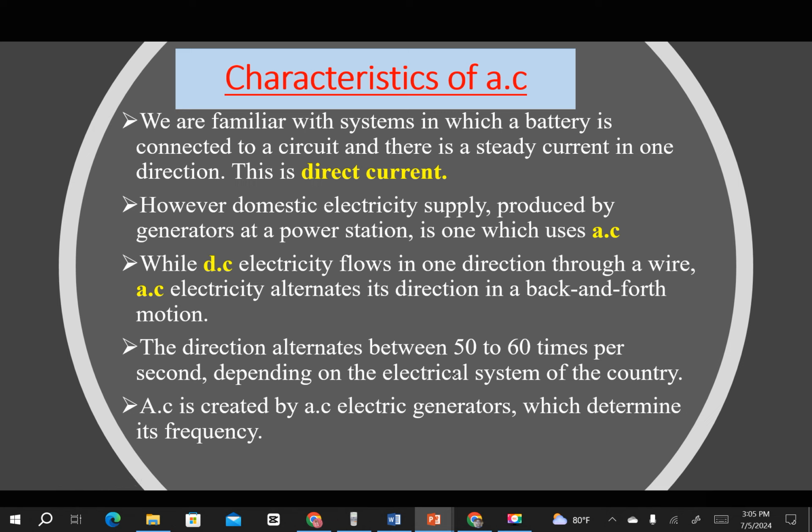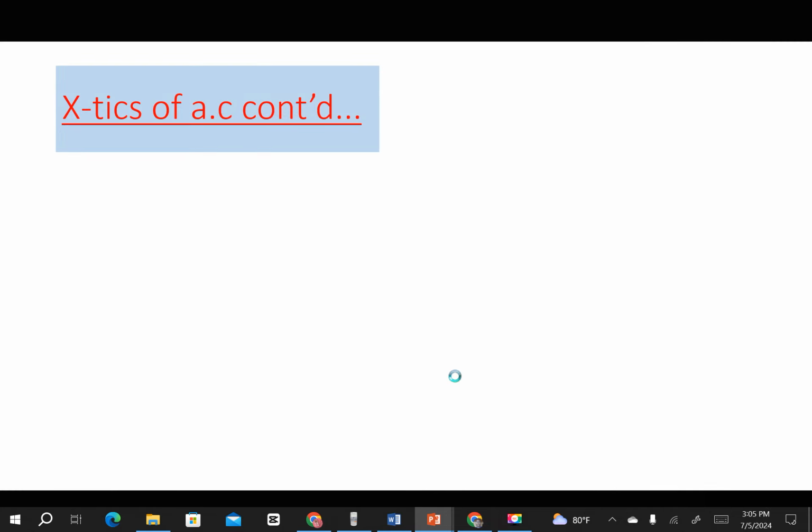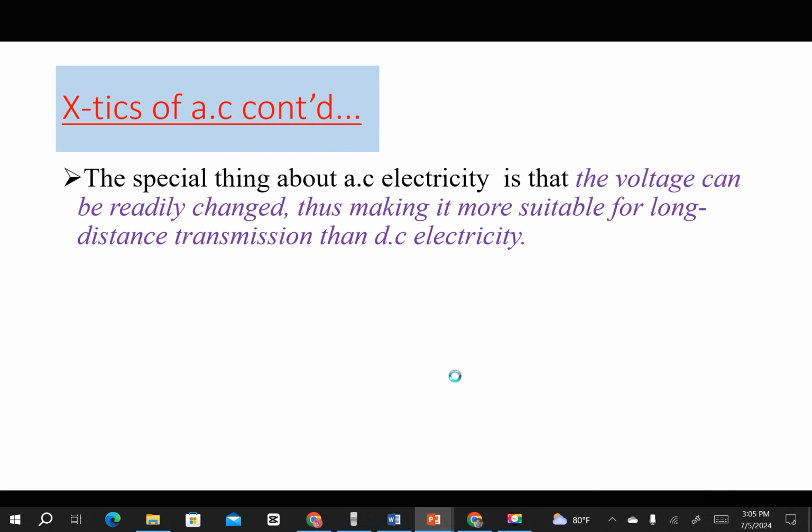And the frequency of any wave depends on the frequency of the generator. So that's what we shall be exploring under characteristics of alternating current. So let's start with the characteristics of alternating current in more detail. Before we go into that, I want to explore what is very special about alternating current.